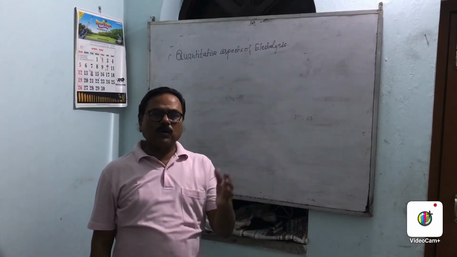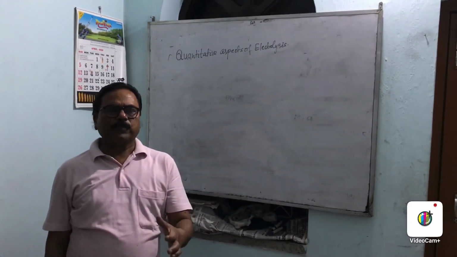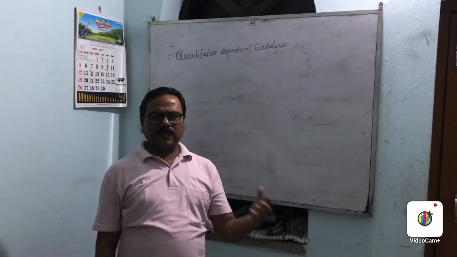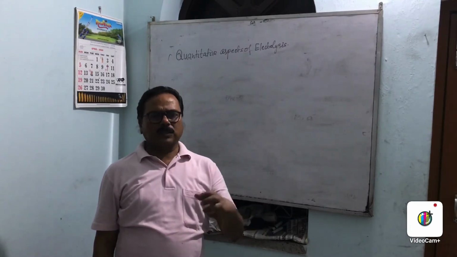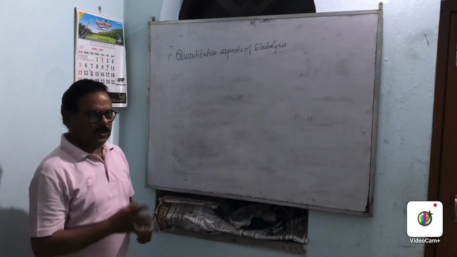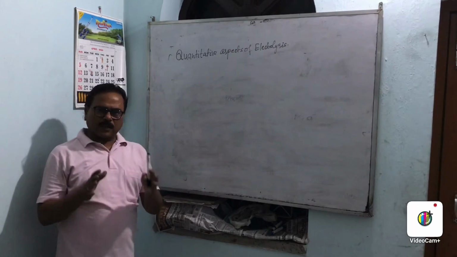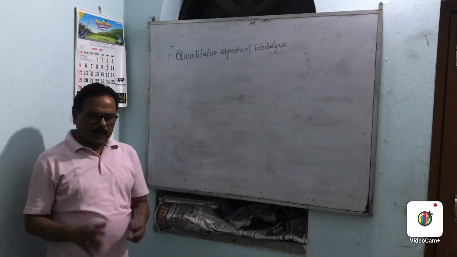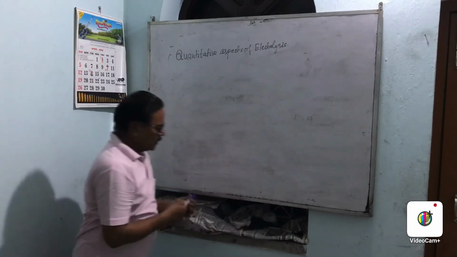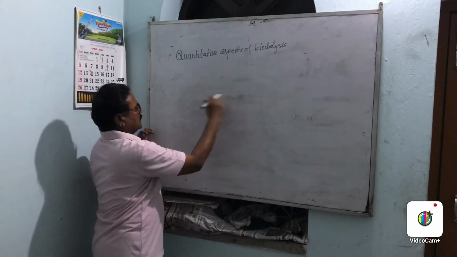It will also depend upon the standard electrode potential value, that is the reduction potential and the oxidation potential. In so many cases, we will take the cases one by one and try to solve them with concept.